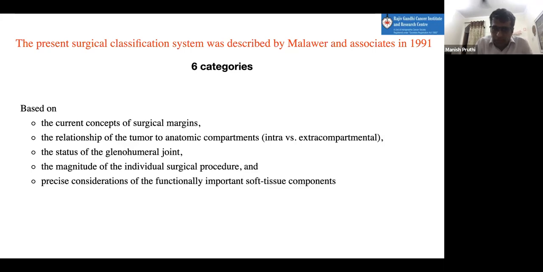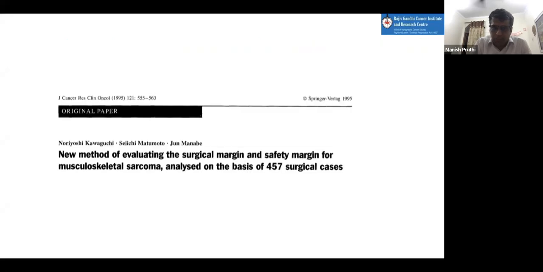And I think most of the surgical residents will know about how we decide margins in sarcomas. But for the other people, like radiation or medical oncologists, I think you must have read this paper by Kawaguchi et al. This was a very beautiful paper which described how to evaluate the surgical margins in sarcomas.